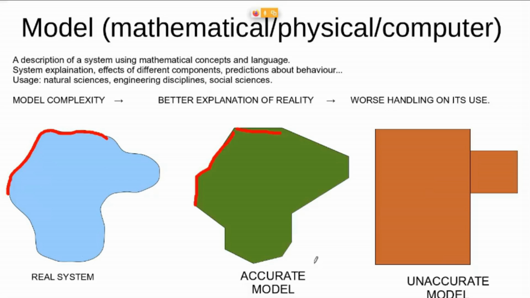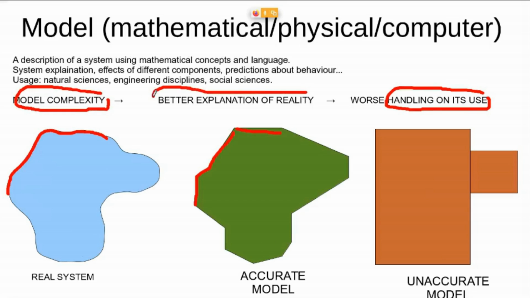But what's the problem of the accurate model? The problem of the accurate model is the handling of its use. When a model is so complex, obviously it is a better explanation of reality, as you can see here, but it results in worse handling of its use.